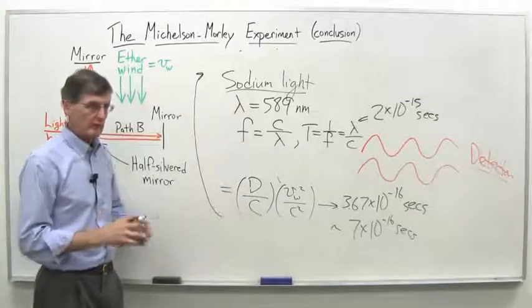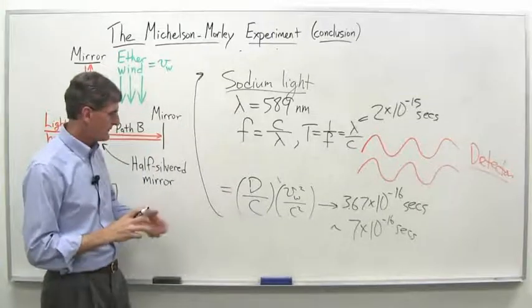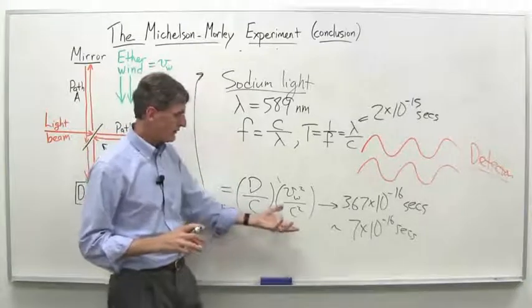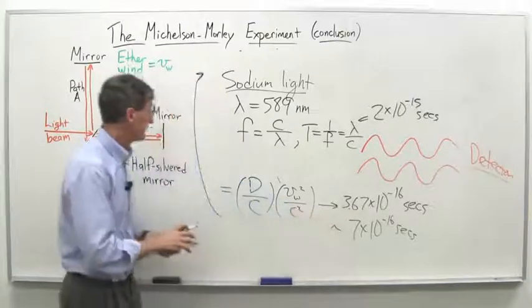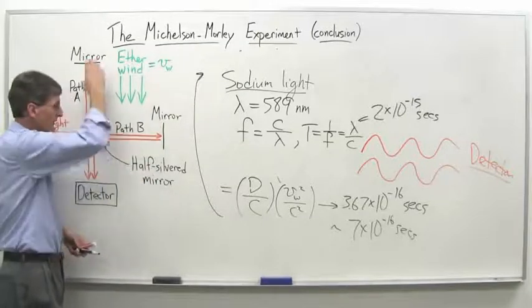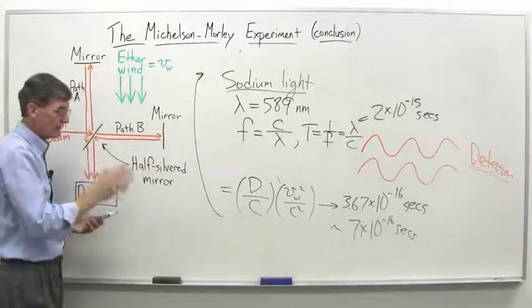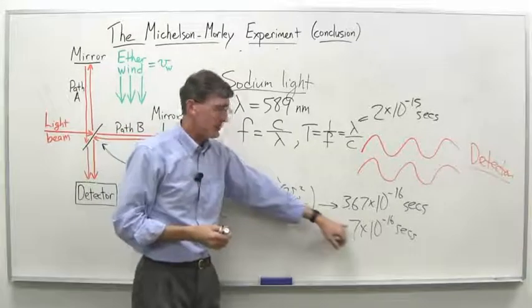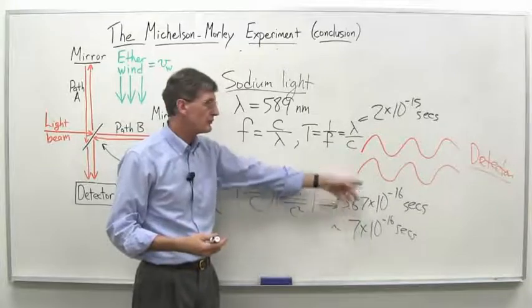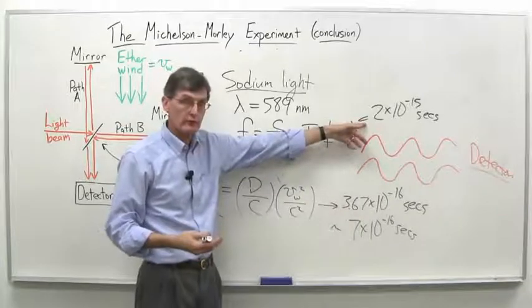How is that significant for us? Because look at this. The experimental analysis says that the time difference, if there's this ether wind blowing here, with a cross wind and then a tailwind and headwind case, is 7 times 10 to the minus 16 seconds. Really, really small. But compared to the period, not so small.